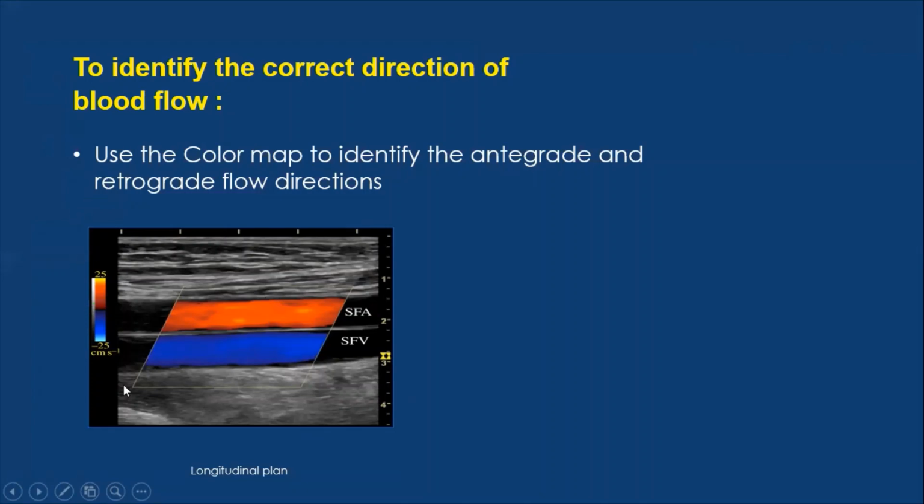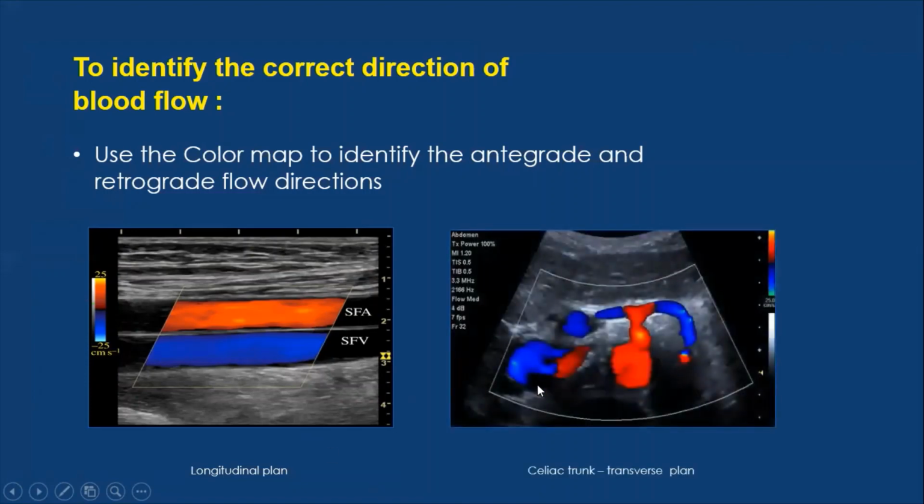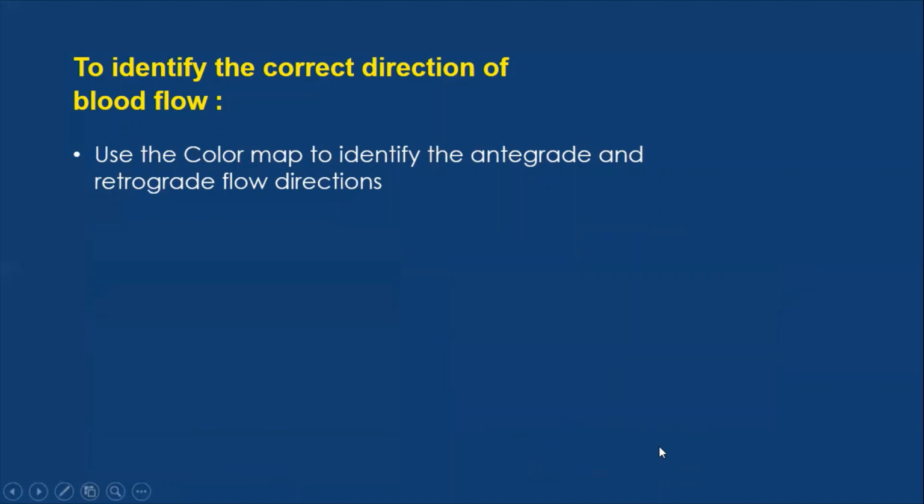So the color map should help you in interpreting the direction of flow. The same happens here for the celiac trunk. As per the color map, blood flow going toward the beam will be displayed as red. They are all arteries, but because of the angle of inclination, these arteries are going away from the beam, diving a little bit deeper, so they will be displayed in blue on the color map scale.